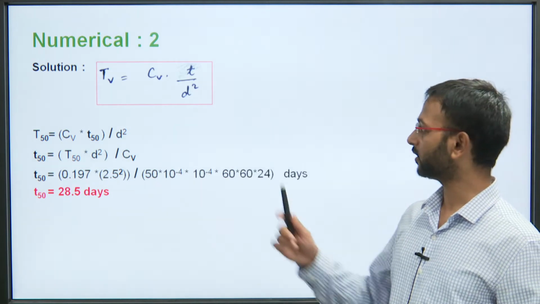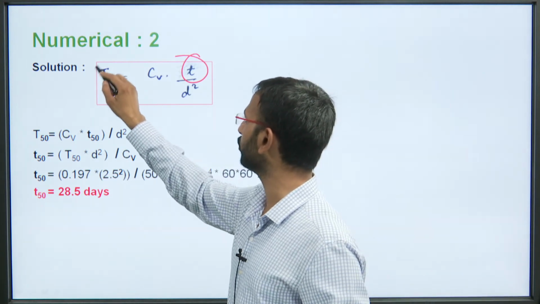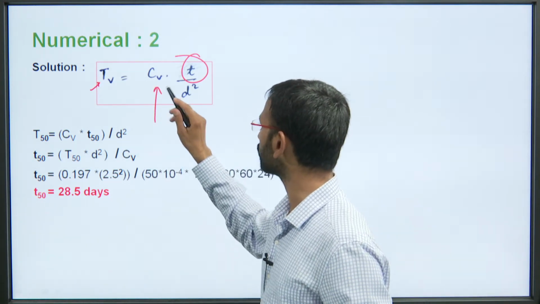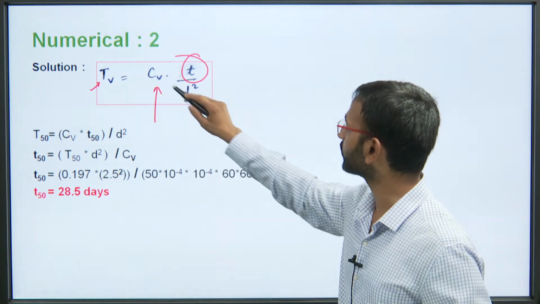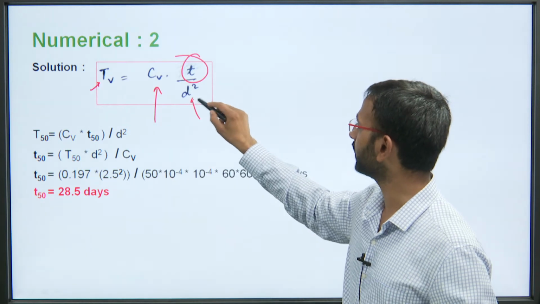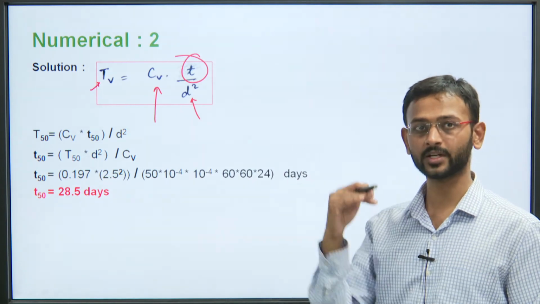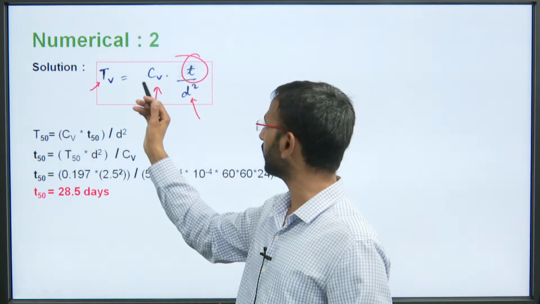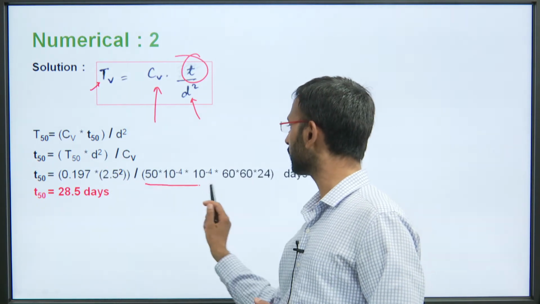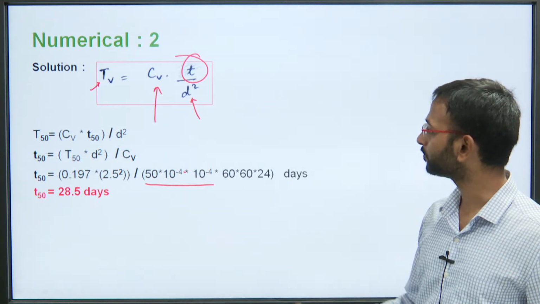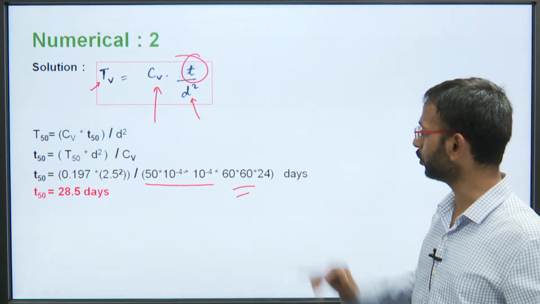Now simply you have to find how much time it takes. So you know the Tv value, the time factor here, you know the coefficient of consolidation which governs the rate of settlement, and then this is D, the drainage length there. You know the drainage length, that is half only because both sides drainage is possible, and then when you put the values here, T50 and Cv, which comes out to be 50 into 10 to the power minus 4 here, and when you convert it into days, you multiply it by 60 into 60 into 24.